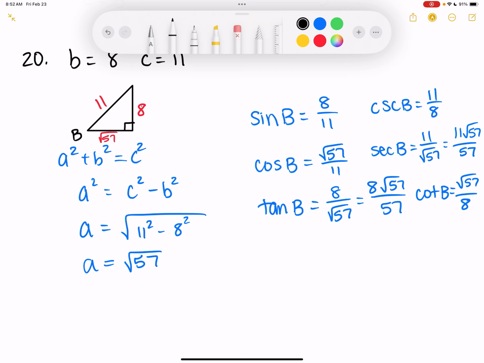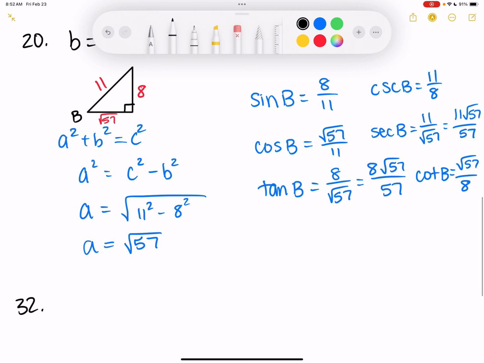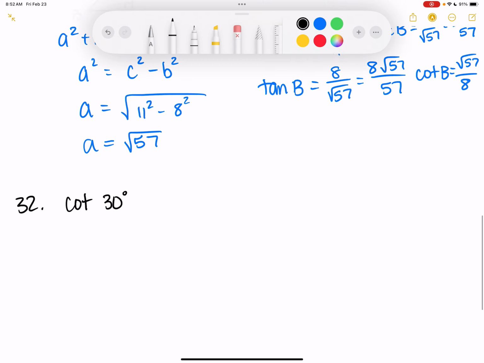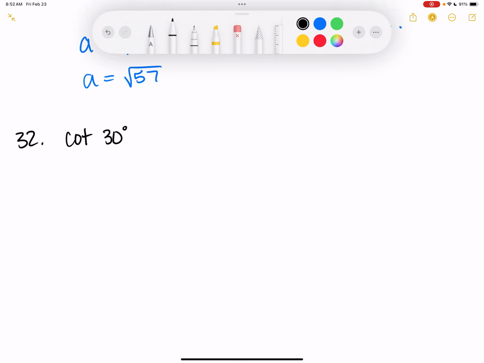32 is the cotangent of 30 degrees. So we're going to look at our unit circle. 30 degrees is here, and this value out here is the tangent, but cotangent is what relationship?